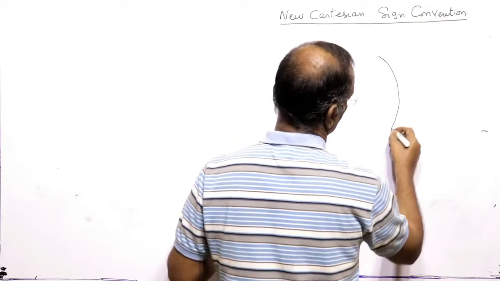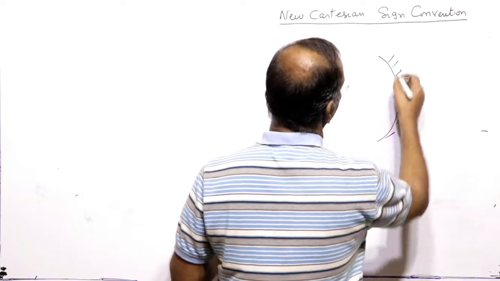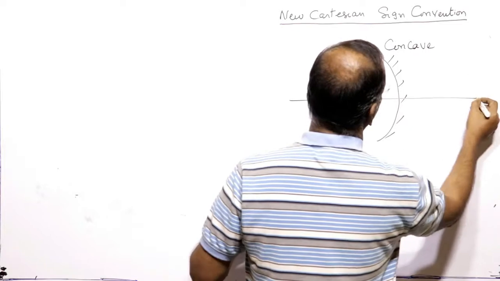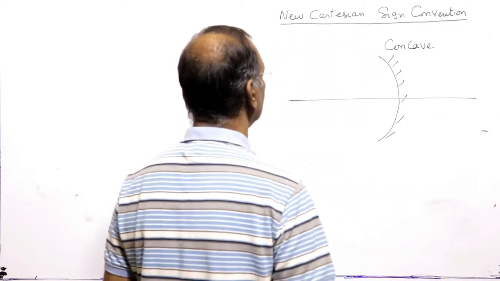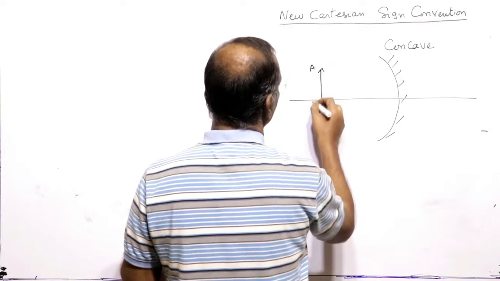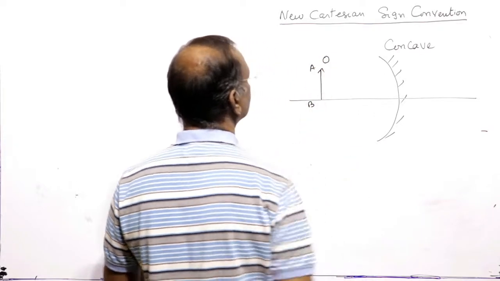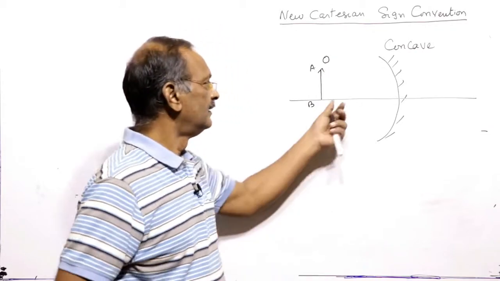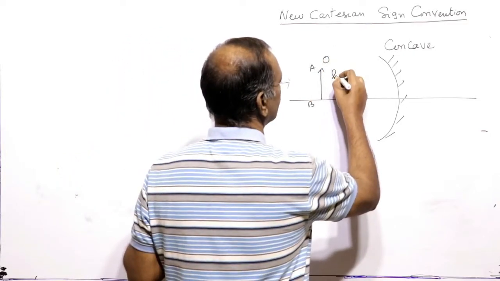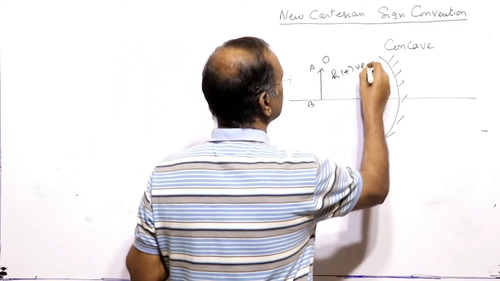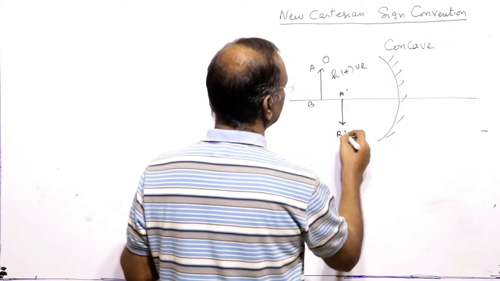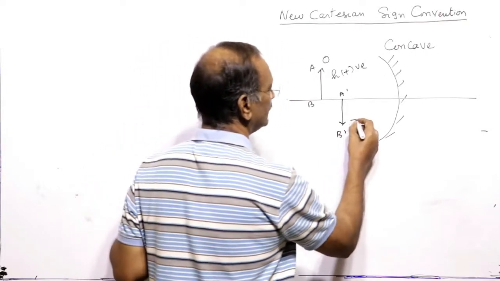So this is a concave mirror, this is the principal axis. From the principal axis, this is AB, the object. If the height is measured from the principal axis vertically above, that height is positive. This is A dash B dash, which is the image.